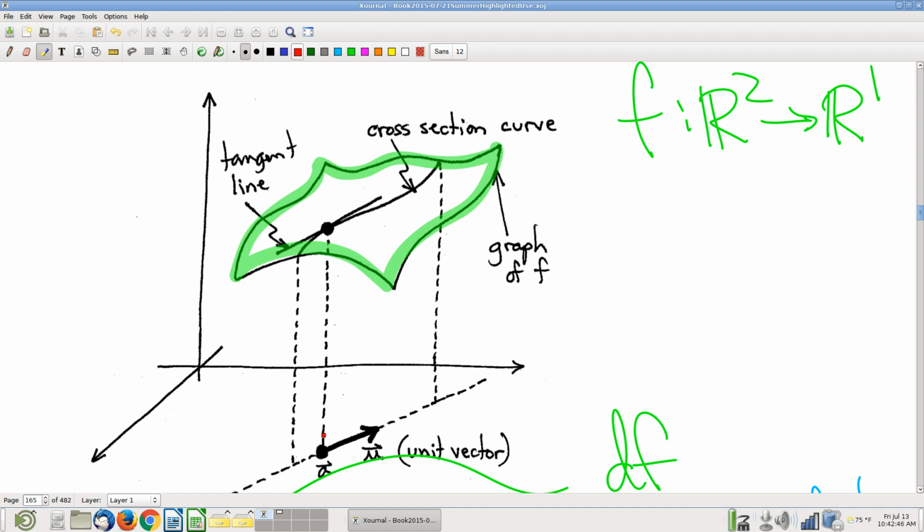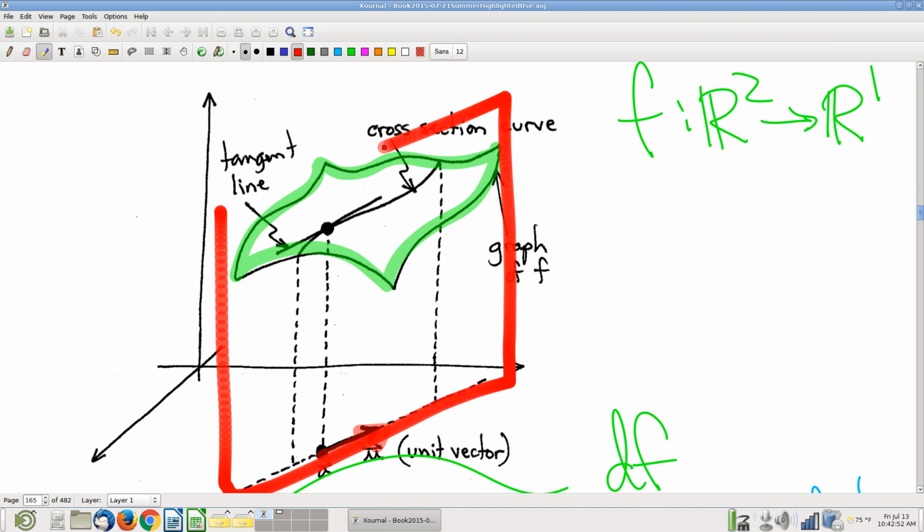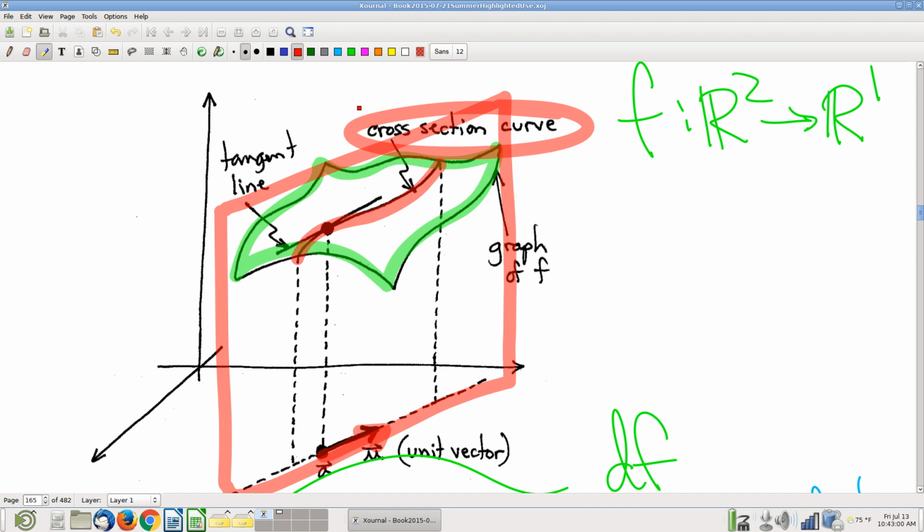But if we're talking about, in a certain direction, that says we're taking a vertical cross-section in that direction. That cross-section is going to be a curve. And so we can talk about the slope of the tangent line to that curve. But casually speaking, we talk about the slope of that curve. Does that make sense? Yeah.